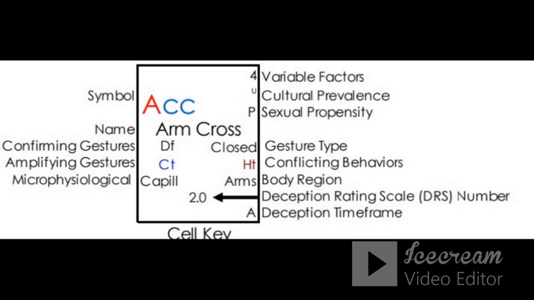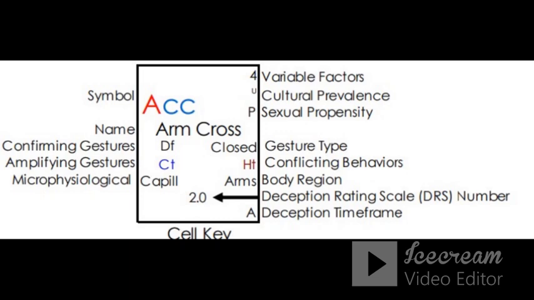Each one of these blocks in the table of elements is going to have some combination of this information. I don't remember what DF means, but CT represents chin thrust. The microphysiological is capillaries.